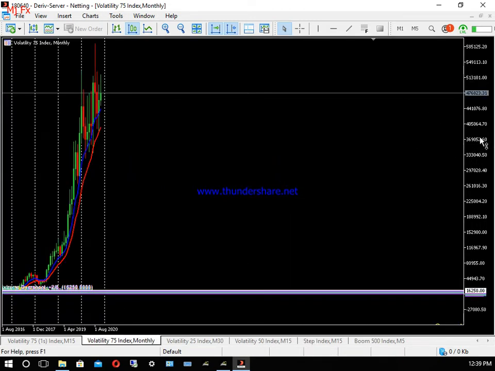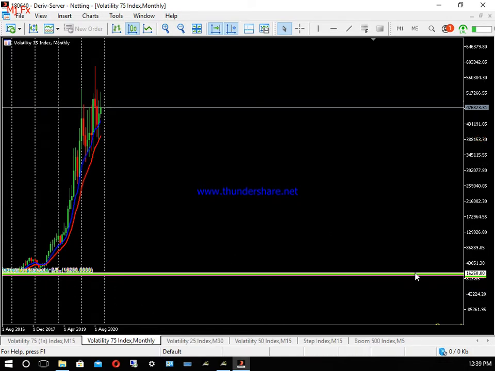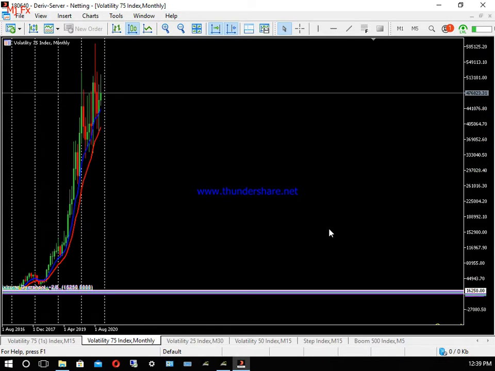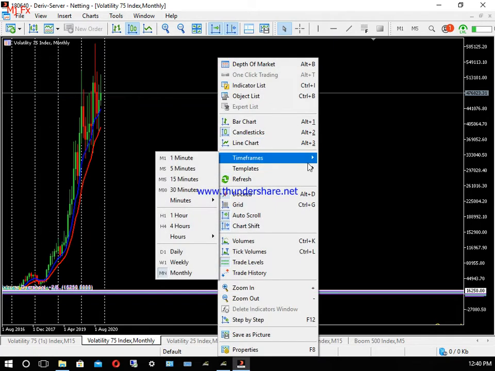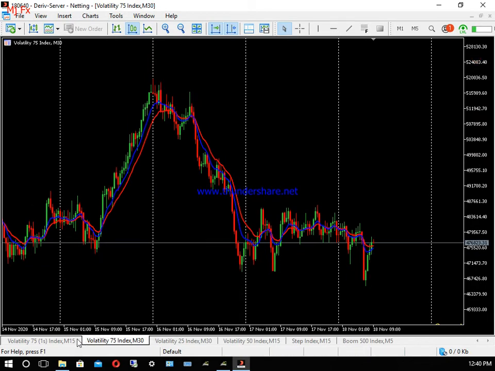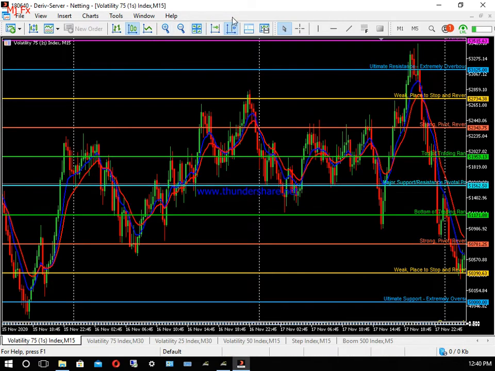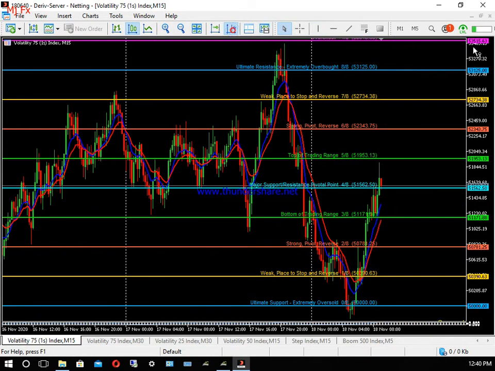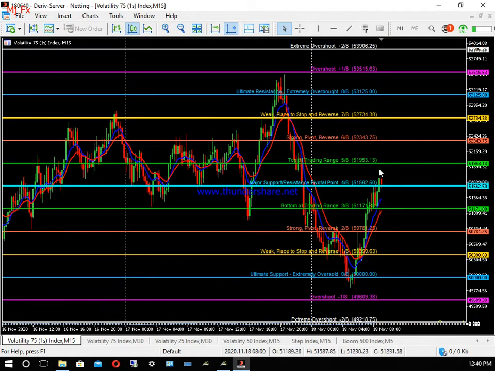You can see he pushed this level way down, far below the monthly time frame. This tells you that this software is very, very powerful, to the point where the broker is feeling the threat of this tool. If I go to the 30 minutes chart, you cannot see this software. But if I go to these other assets, you can see that it displays very well on these other charts.